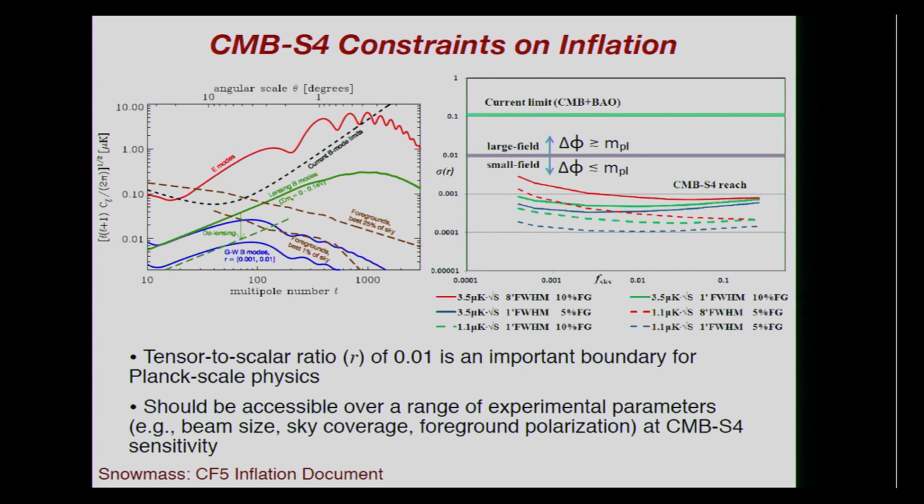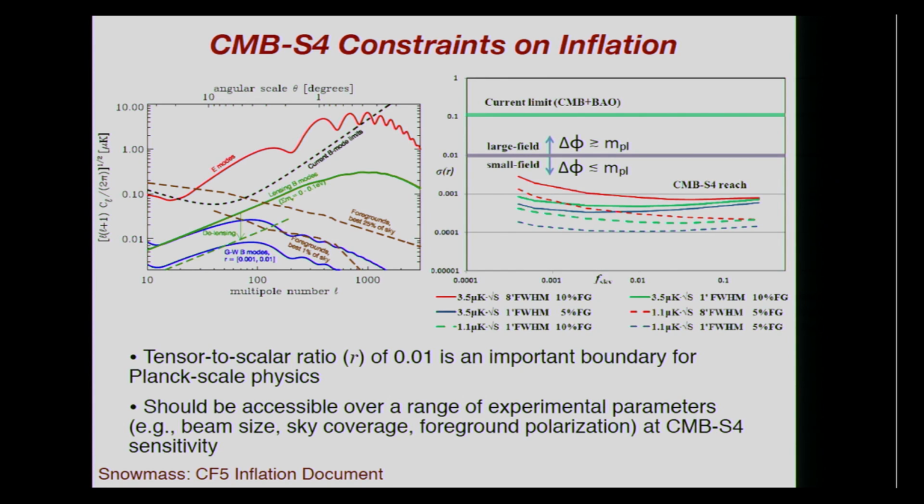Looking here on the left, this is a plot of the CMB power spectrum versus multipole again. This top blue curve is r of 0.01. At that level, lensing B-modes start becoming a contaminant, and foregrounds also become a problem. This bottom brown curve shows the foreground level for the best 1% of the sky. So you need to be able to clean foregrounds, and you need to be able to remove lensing B-modes.